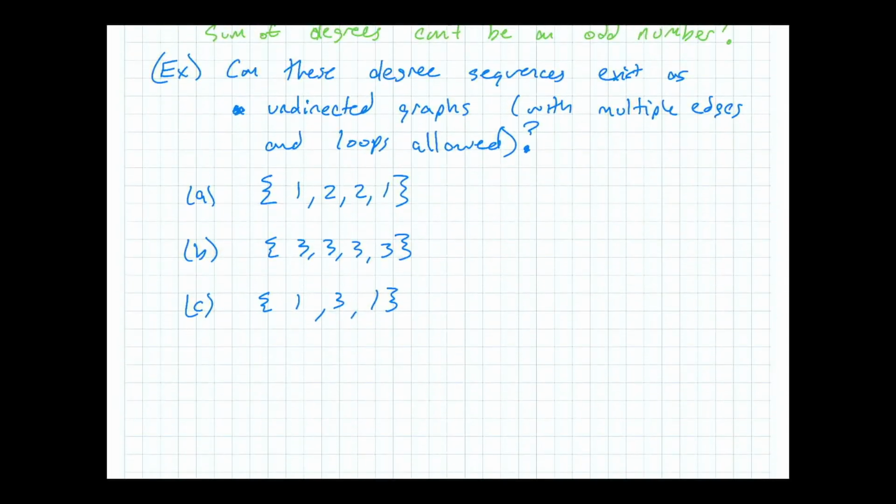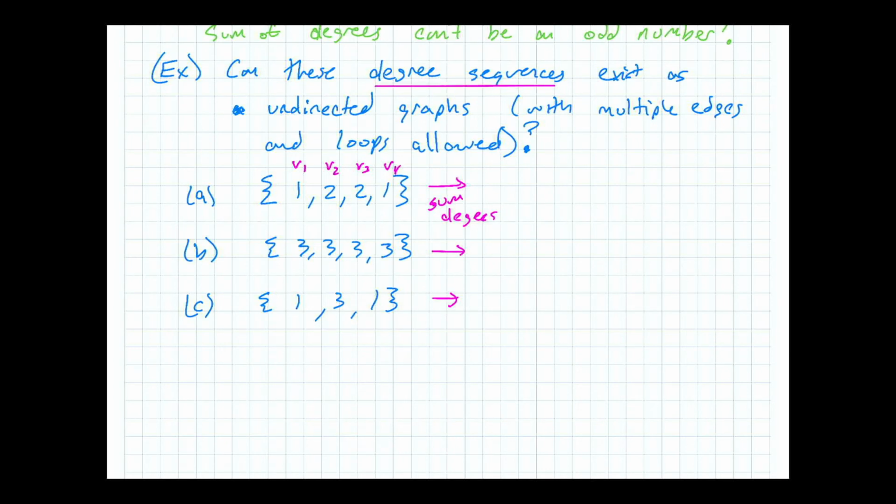Okay, so generally we can use the theorem, and we could also try to draw the graphs. So let's use the theorem first. So sum the degrees first of all, just to see what they are. So this is supposed to be like the degree of vertex 1, the degree of vertex 2, the degree of vertex 3, the degree of vertex 4, because these are degree sequences.